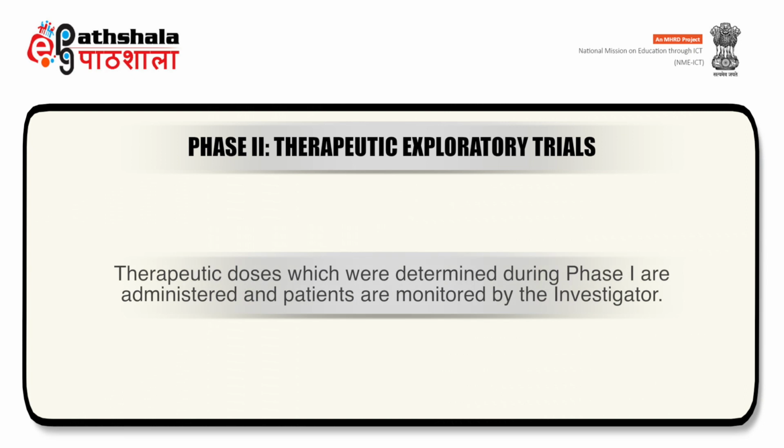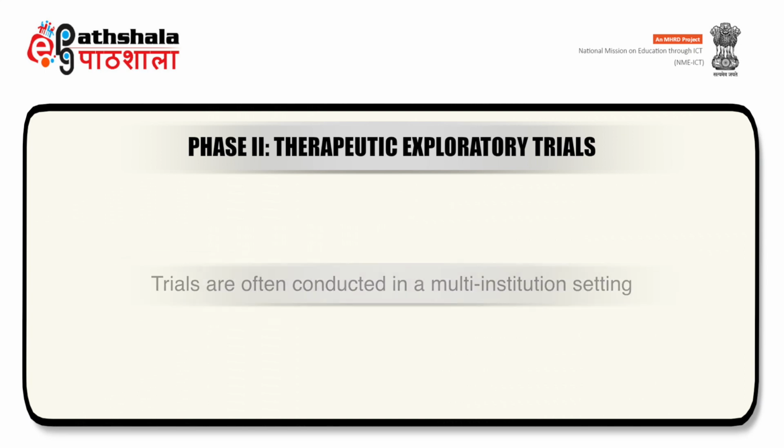Therapeutic doses which are determined during phase 1 are administered in the phase 2 trials and the patients are monitored closely by the investigator. The phase 2 trials are often conducted in multi-institution setting. The phase 2 trial can further be divided into phase 2A and phase 2B.